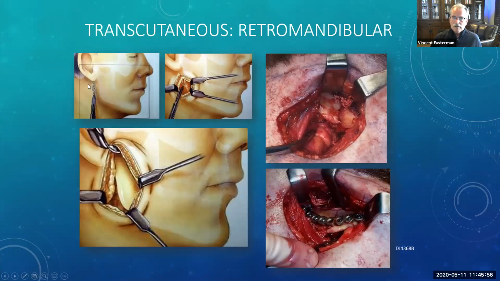The transcutaneous retromandibular or Risdon approach is another way, and certainly you can approach the condyle this way with percutaneous repair using trocars, and sometimes you can do it without those. This is an excellent access, and you're avoiding the facial nerve and the marginal mandibular nerve.